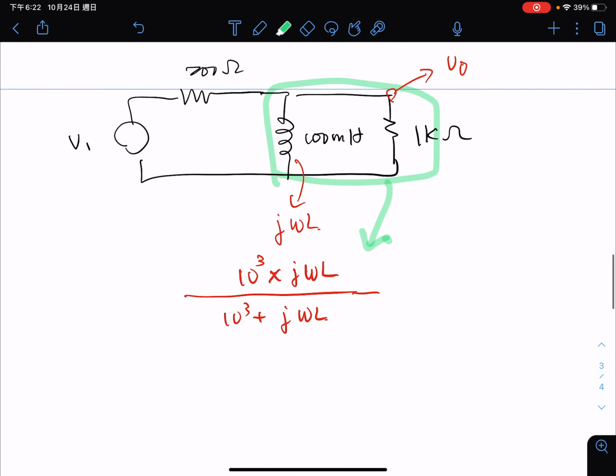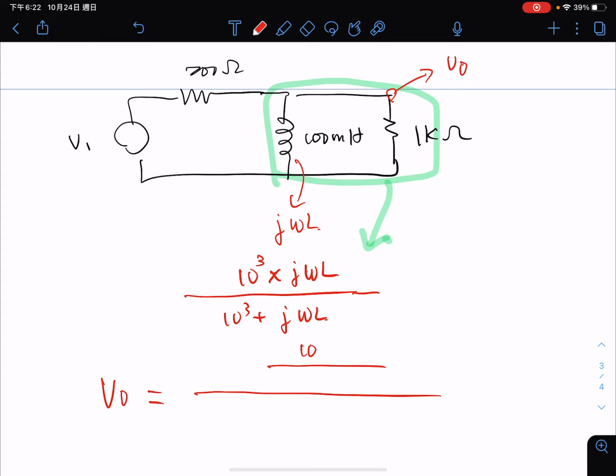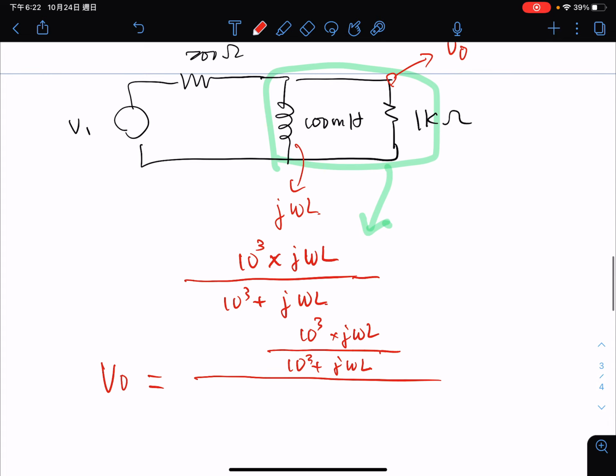And the overall V out will be equal to 10 to the 3 multiplied by j omega L over 10 to the 3 plus j omega L, and the denominator will be 200 multiplied by the 10 to the 3 plus j omega L, plus the 10 to the 3 multiplied by j omega L, right?